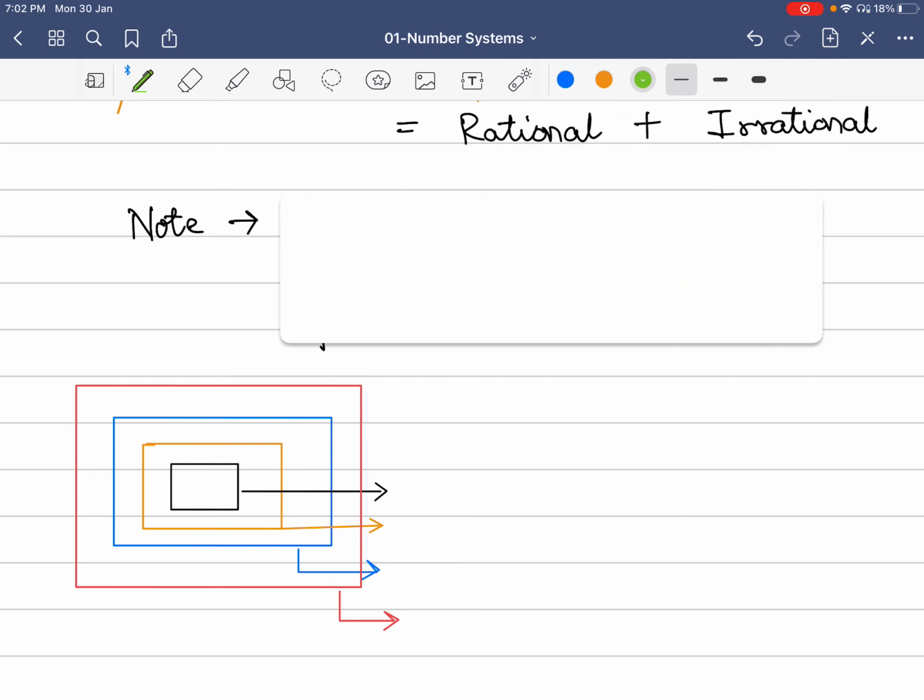The irrational numbers will be a different box itself, so I'm going to make another box here. These are my irrational numbers. And these rational numbers plus these irrational numbers will be the box of real numbers.